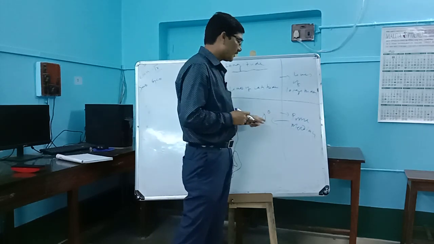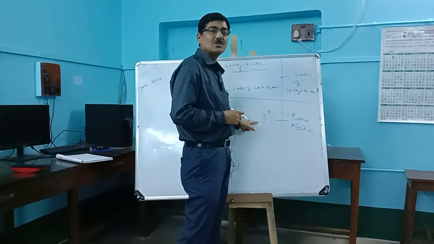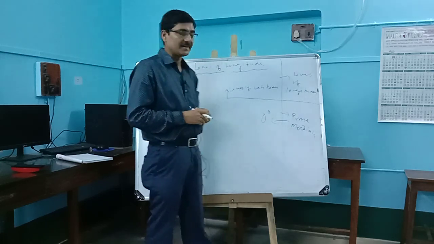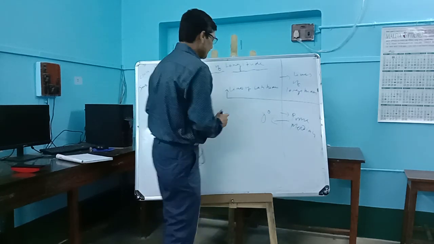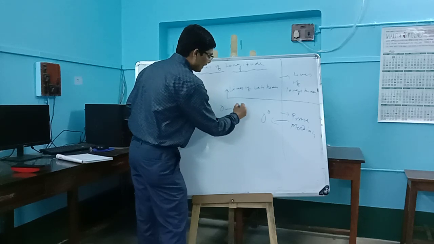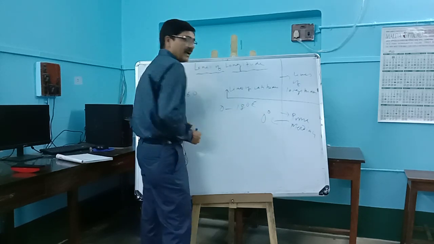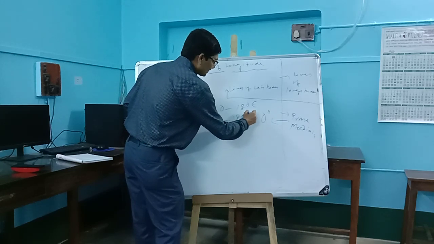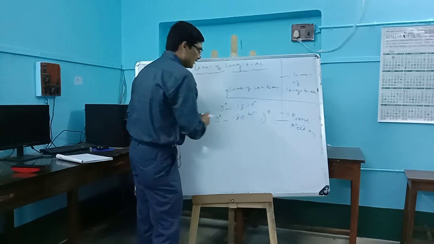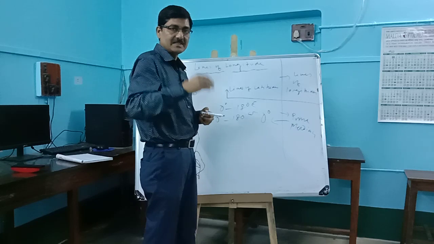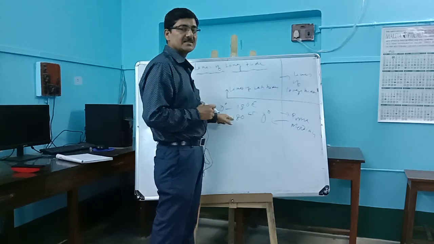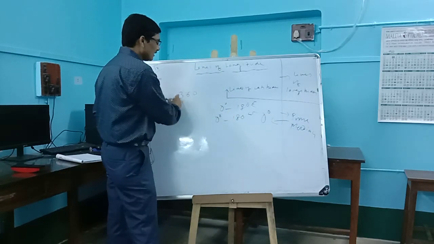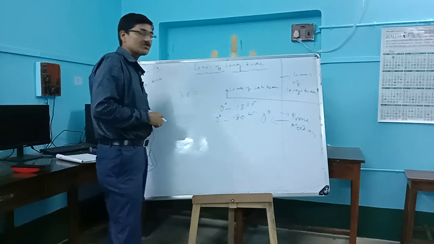From the prime meridian, 0 to 180 degrees east and 0 to 180 degrees west. In total there are 360 lines of longitudes.